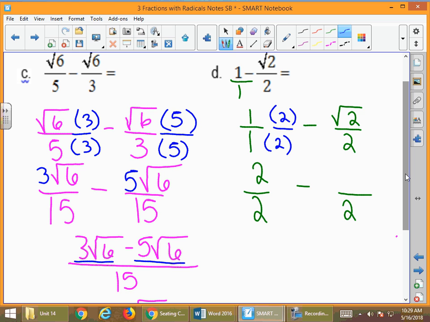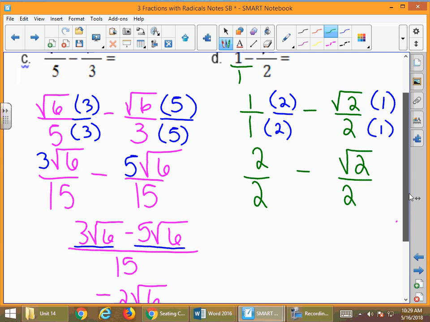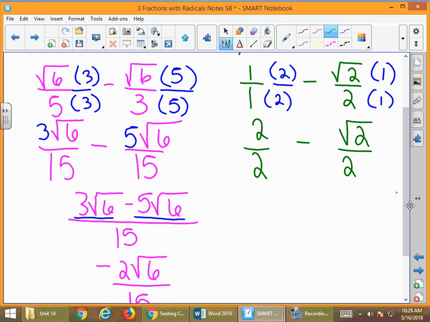On our second fraction, it's 2 times 1, which gives us 2. So the square root of 2 times 1 is the square root of 2. And to finish, then we have a common denominator. We have 2 minus the square root of 2, all divided by 2. Remember, keep the denominator.